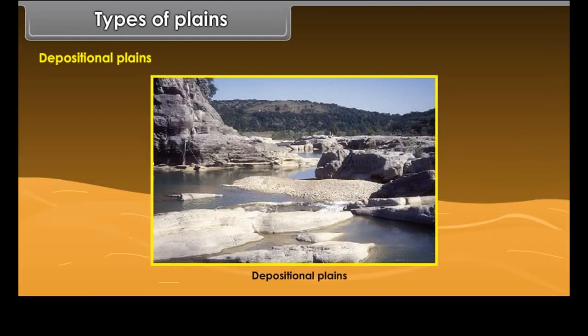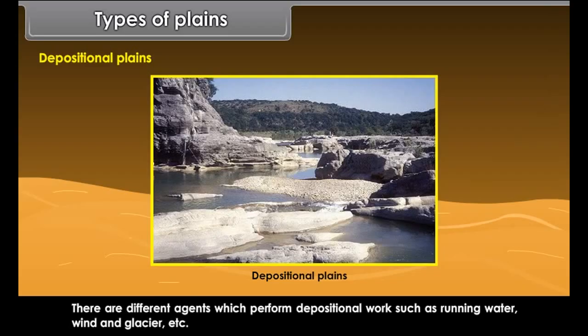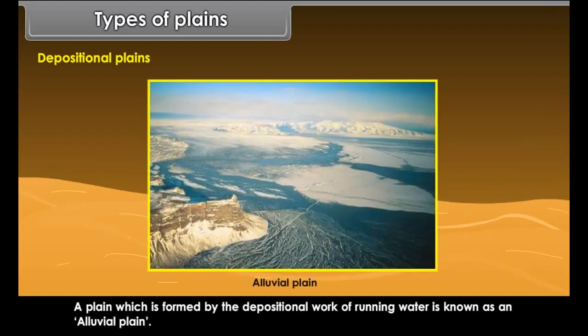Depositional plains. These are the plains which are formed as a result of the deposition of material in the low-lying area. There are different agents which perform depositional work such as running water, wind and glacier, etc. A plain which is formed by the depositional work of running water is known as an alluvial plain.